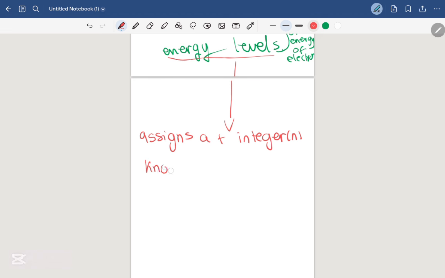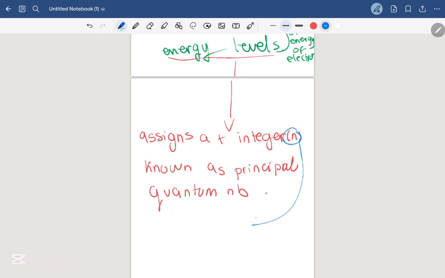And this positive integer n indicates the average distance of the electron from the nucleus.